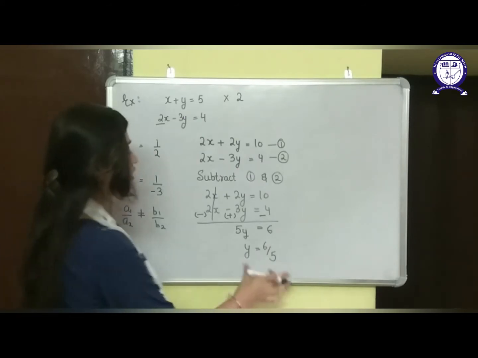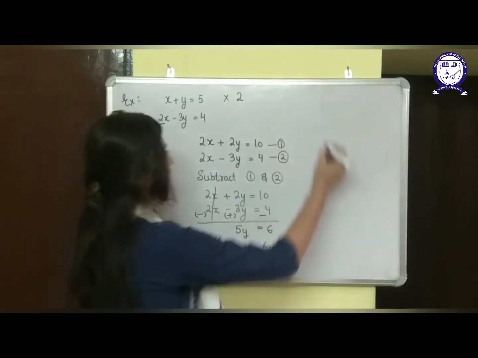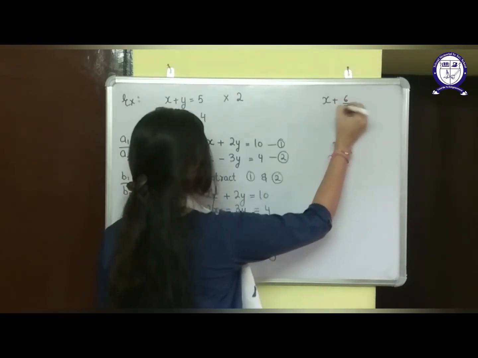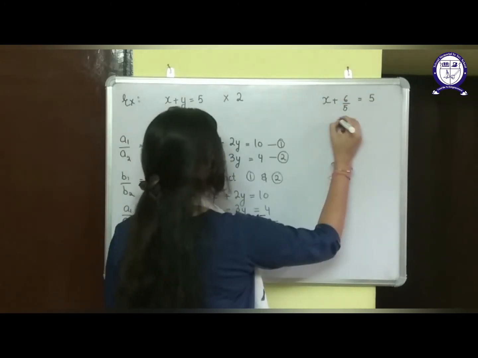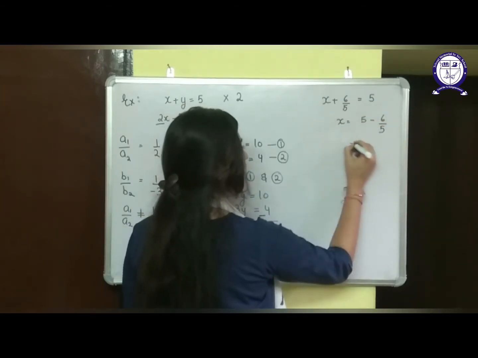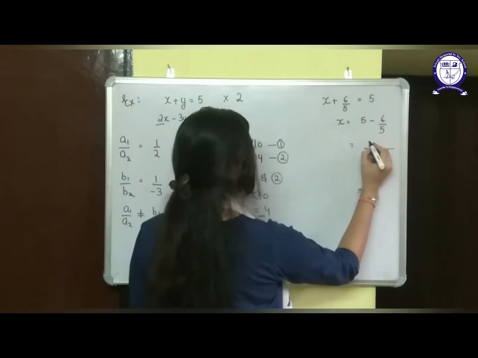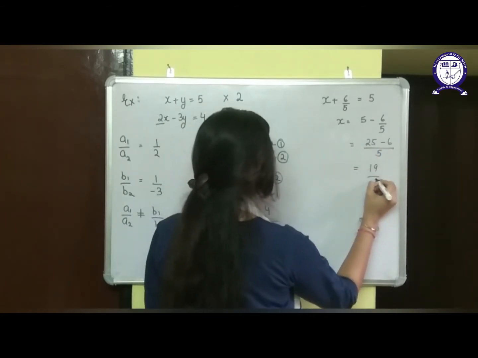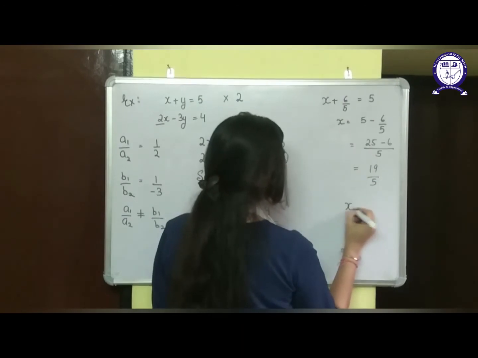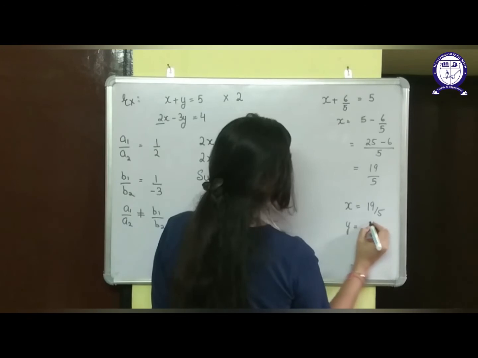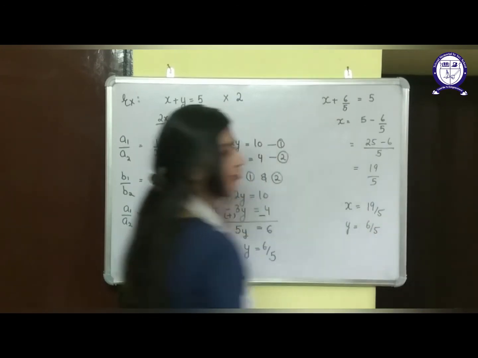So I put this value in the first equation: x plus 6 upon 5 equals 5. So x equals 5 minus 6 upon 5. Taking LCM, 25 minus 6, so x will be 19 upon 5. So my solution is x equals 19 upon 5 and y equals 6 upon 5.